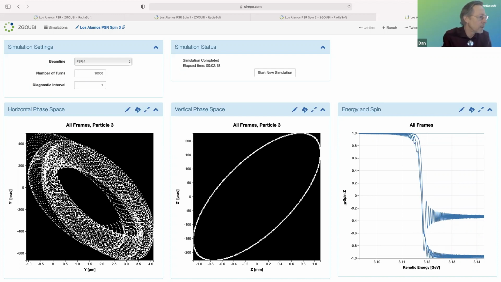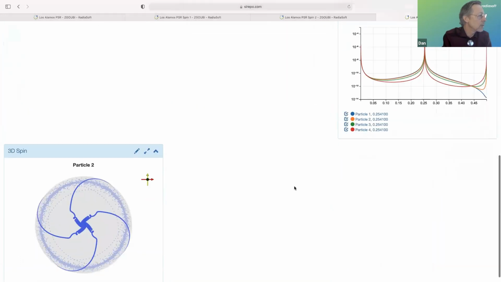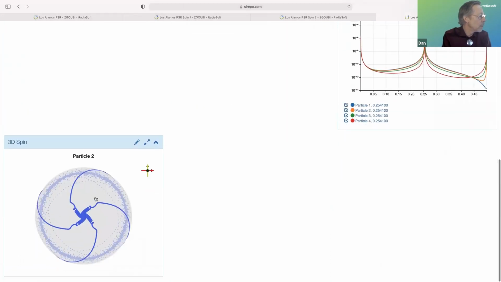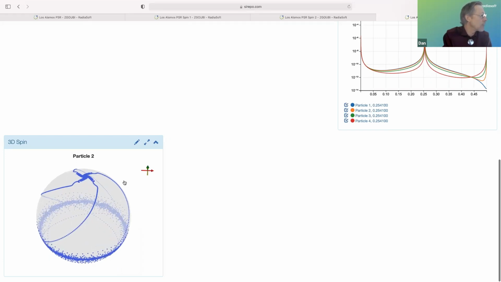And there's a very nice visualization down here showing, on a unit sphere, the location of the spins as the particle is circulating the machine. This is turn by turn. So each one of the dots here shows where the spin is when it gets back to the beginning of the lattice.